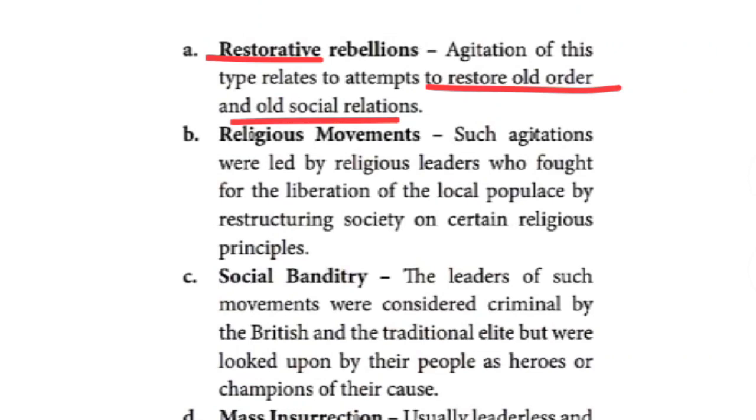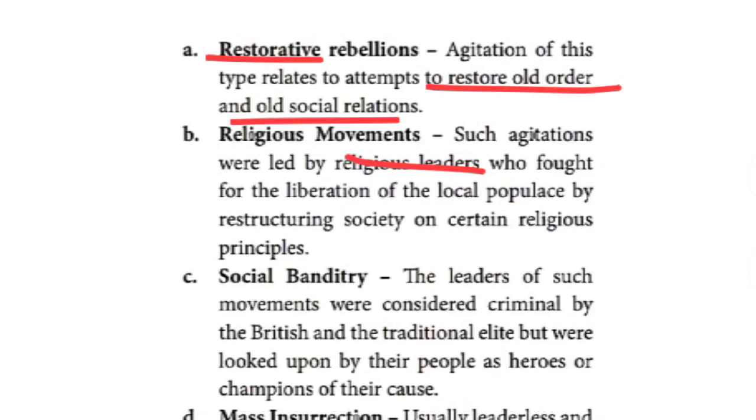Children, the second one, religious movements. Such agitations, agitation in the sense fight, were led by religious leaders. Religious movements led by religious leaders fought for the liberation of the local population by restructuring the society on certain religious principles.